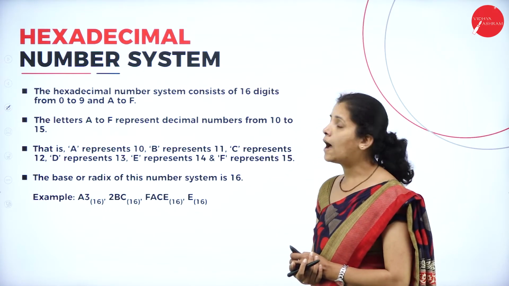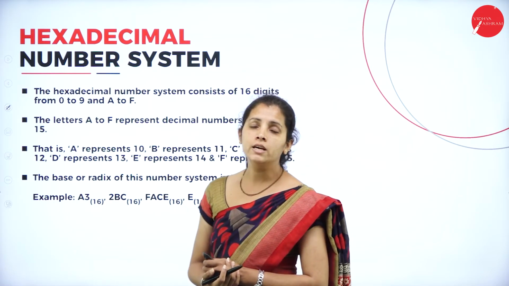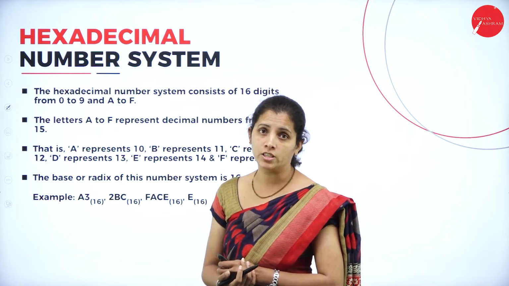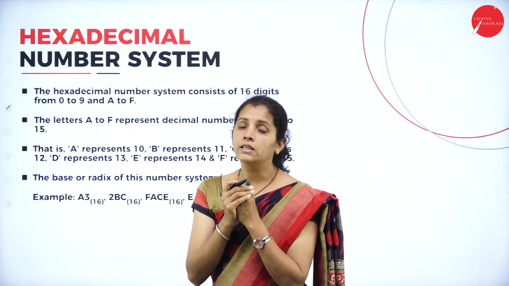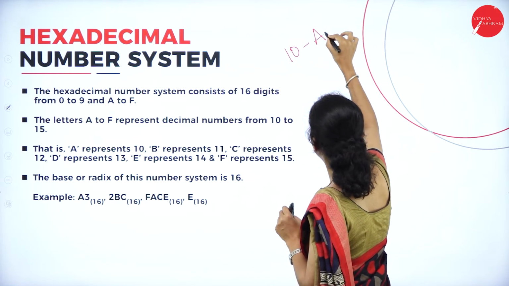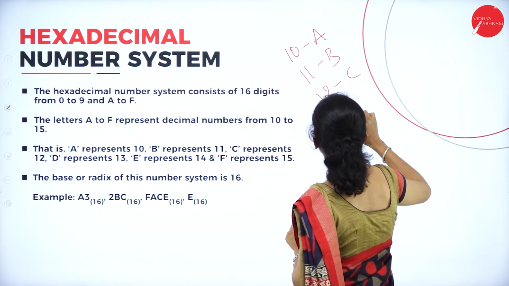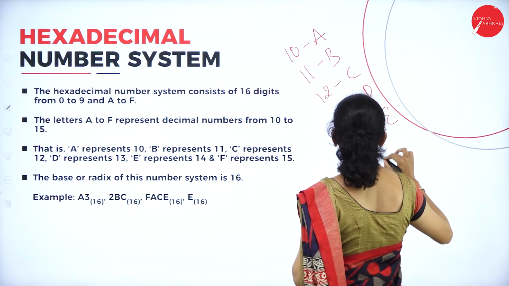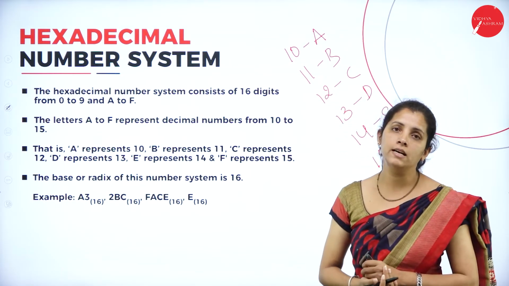Now I'm going to have my last type, that is the hexadecimal number system. Here the hexadecimal number system consists of 16 digits. That means it's going to use the digits 0 to 9, that is decimal digits. Along with that, 10 is represented as A, 11 as B, 12 as C, 13 as D, 14 as E, and 15 as F. So what's the range of hexadecimal digits?